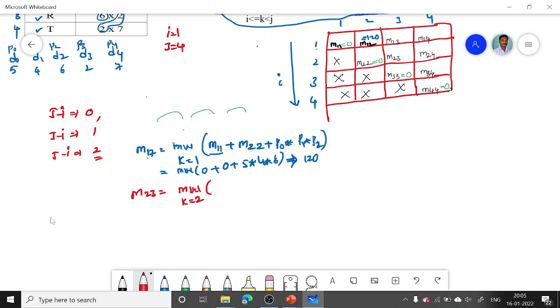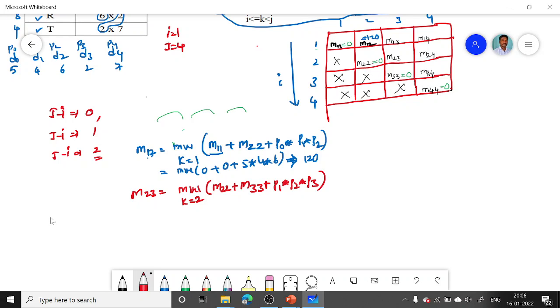The reason is K is either equal to I or more than I, but must be less than J. So M of I, K: I is 2 and K is 2, plus M of K plus 1, J. Our K is 2, 2 plus 1 is 3 and our J is 3, 3 plus the same projections. What is our projection? P of I minus 1. What is our I? 2. So P1 into P K. What is our K? 2. So P2 into P J. What is our J? 3.